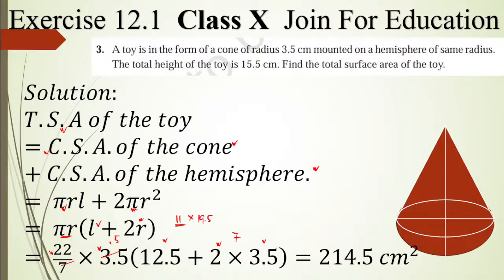After the multiplication, we get 214.5 centimeter square. So the total surface area of the toy is 214.5 centimeter square. Hope that there is no problem to understand the solution of question number 3.